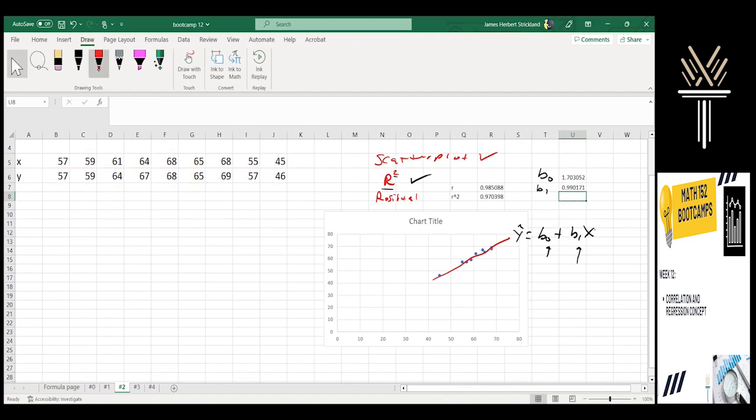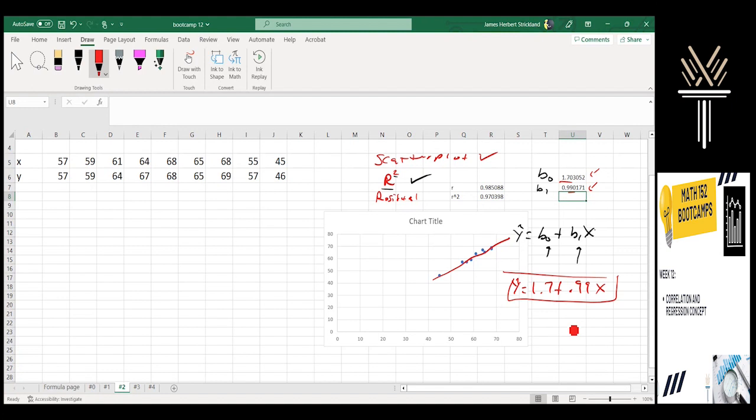If I wanted to write the equation out, I would say y hat is equal to, let's just round that to maybe 1 decimal, and since b1 is positive, I would say plus, I'm going to go 2 decimals here, 0.99x. And yeah, that would be my prediction equation.